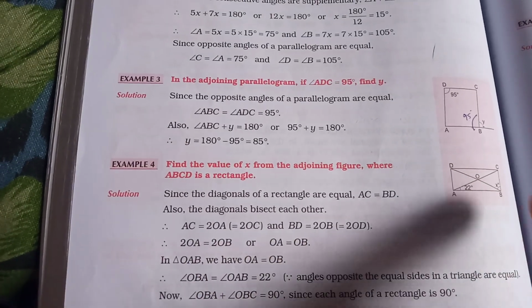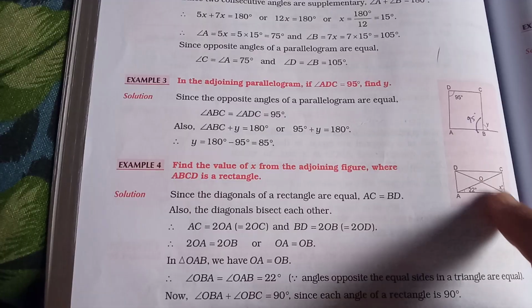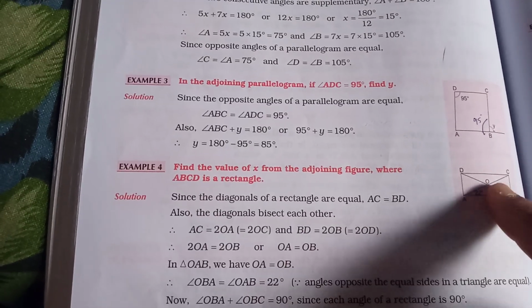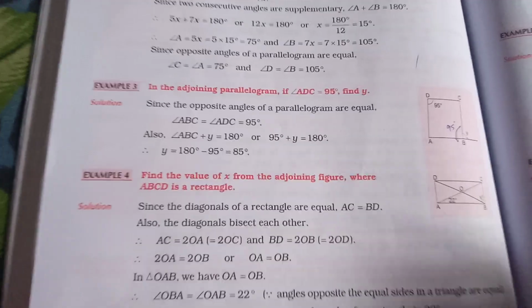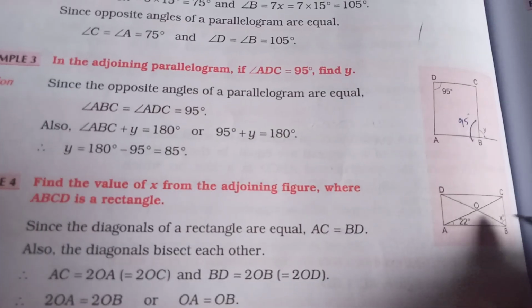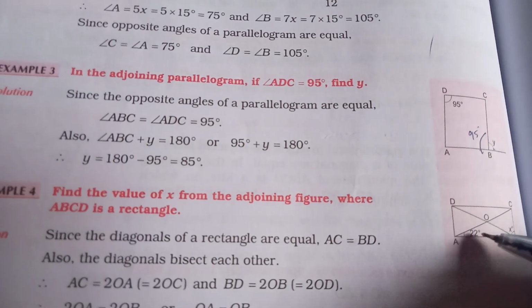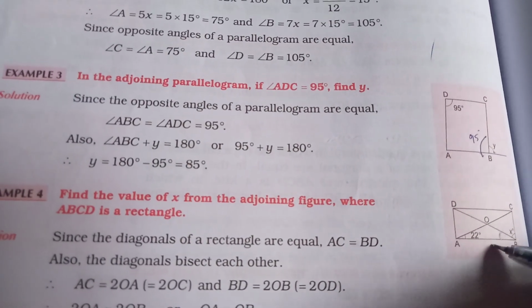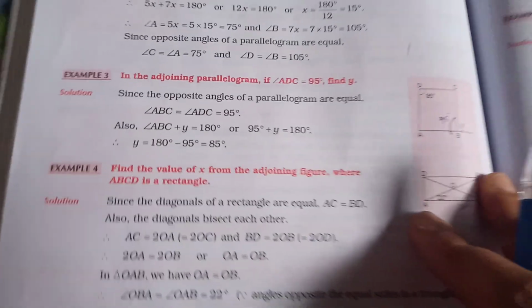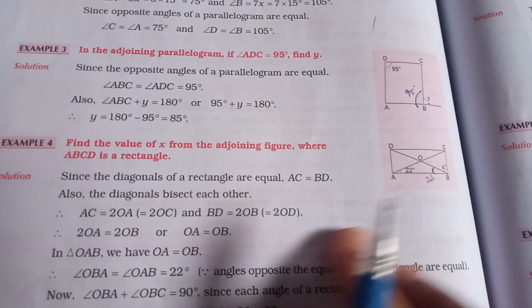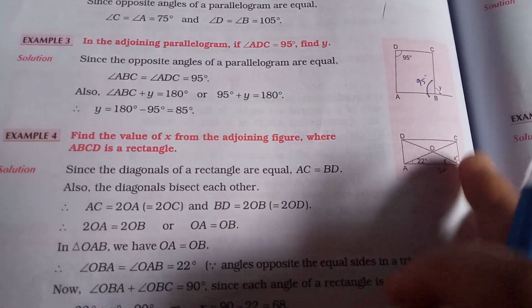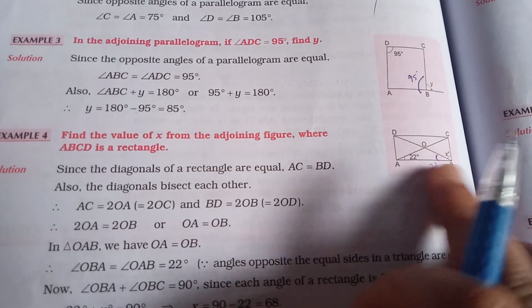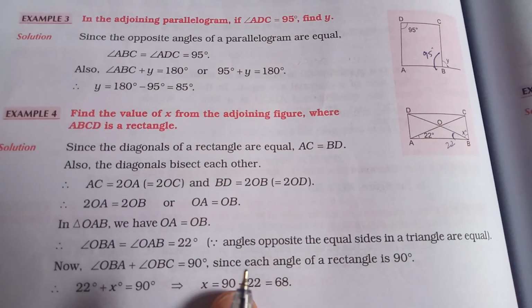Now in triangle AOB, OA is equal to OB. So remember that property I told you in the class, when sides are equal, opposite angles are also equal. So this is also 22 degrees. So OAB and OBA both are 22 each.